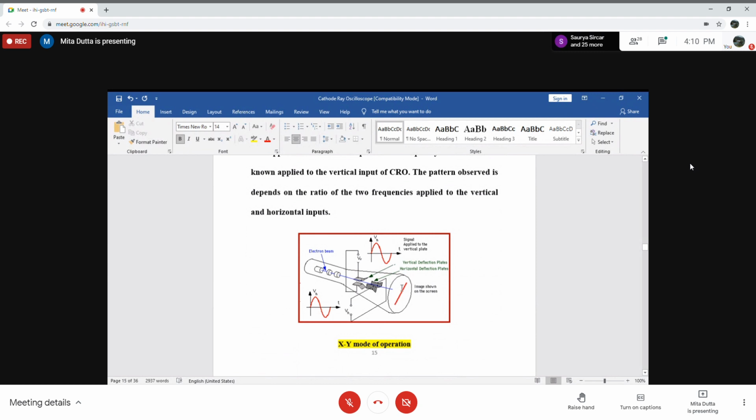So the CRO can be used to measure frequency and phase. I'm coming to that later on.